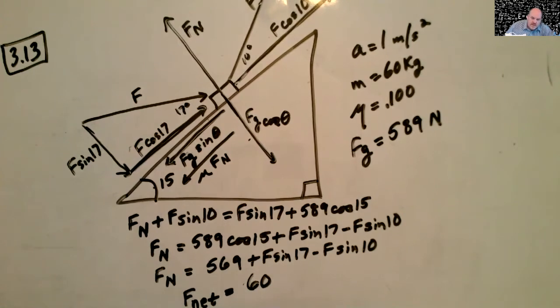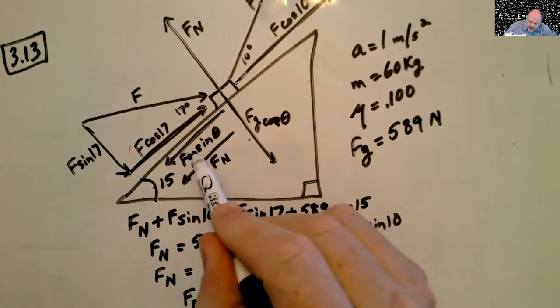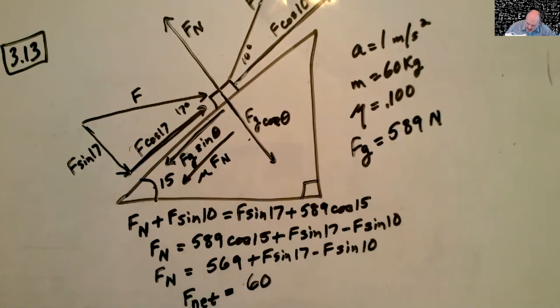Those are both the forces going up. Now I'm going to subtract out Fg sine of theta. Fg is 589, so 589 sine of theta, and minus mu Fn. That's my net force, and that should equal 60.